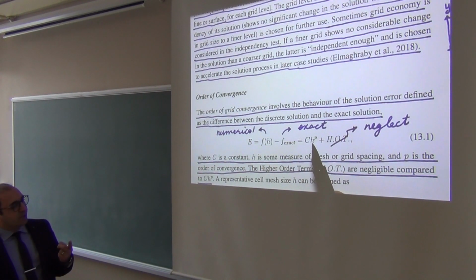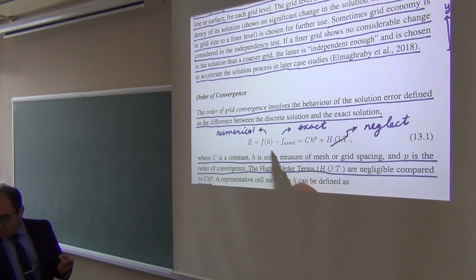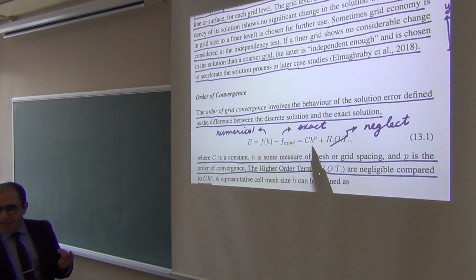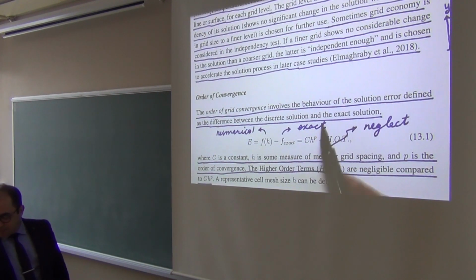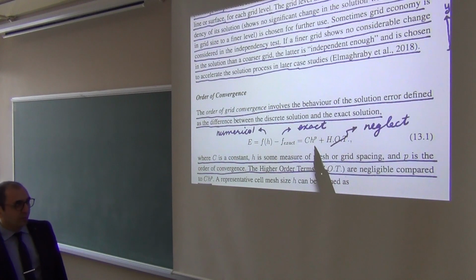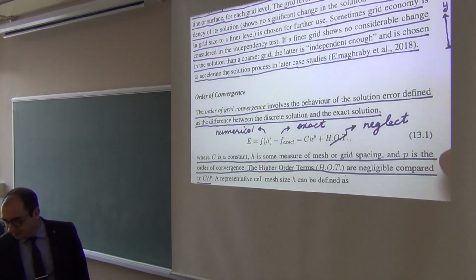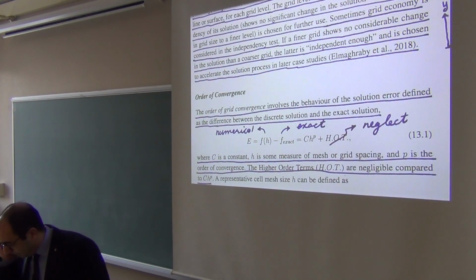Suppose now I make my grid 1/2 of a meter. So 1/2 of a meter to the power of 2 is 1/4. See, the error has now gone down by a factor of 4. I halved the grid spacing, but the error went down by a factor of 4. So this power P determines how fast the error would go down as you refine the mesh. That's why it's defined in the very first place using a power relationship, h to the power of P. Okay?